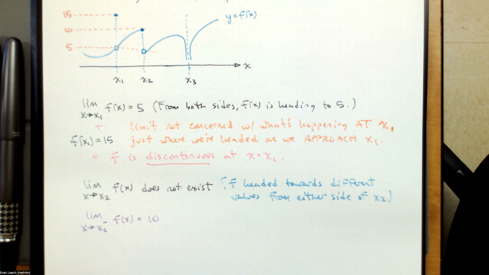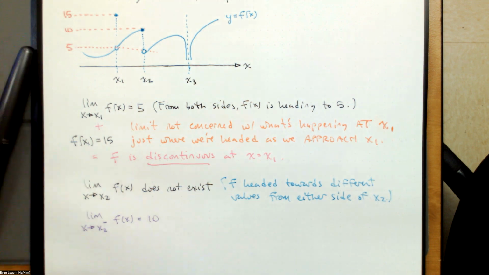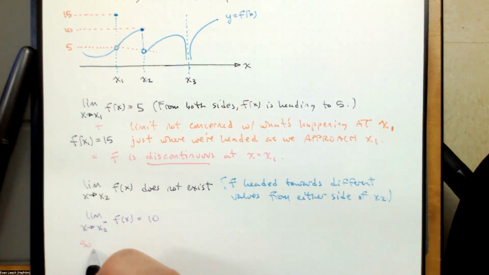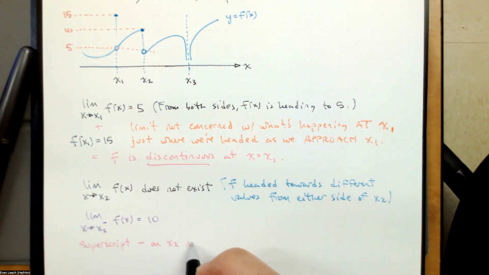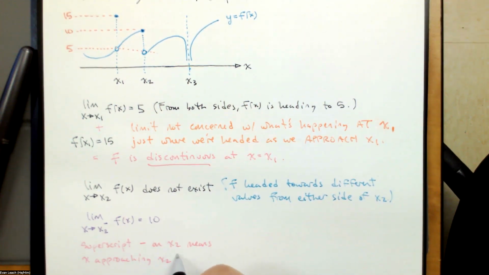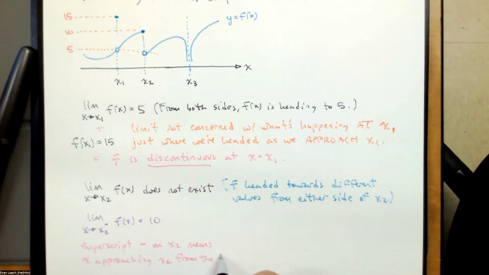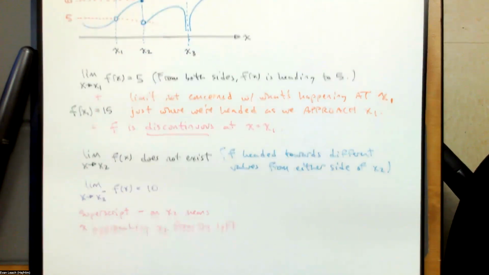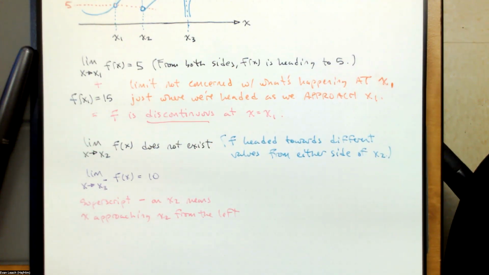So that superscript minus on the x2 means x is approaching x2 from the left. This is a one-sided limit.